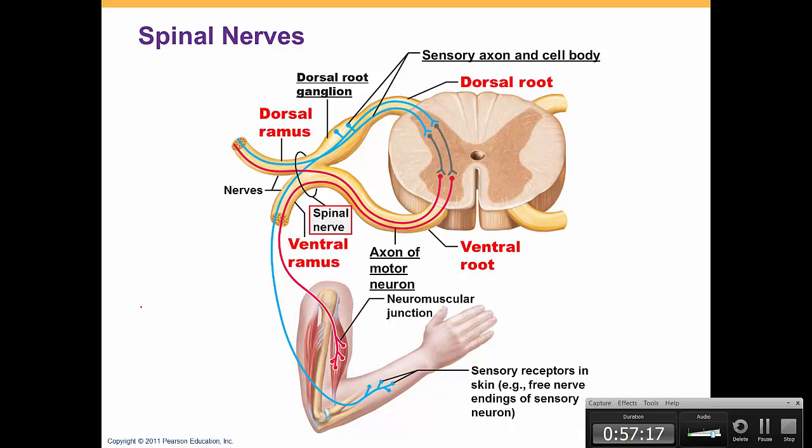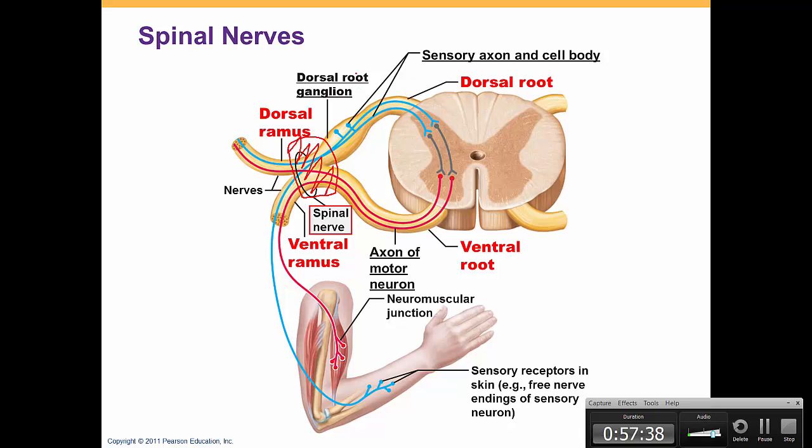Now, the spinal nerves are made of roots, and then they give you rami. So the spinal nerve itself is very short, very small. It's only this part here. So this part is just my spinal nerve.